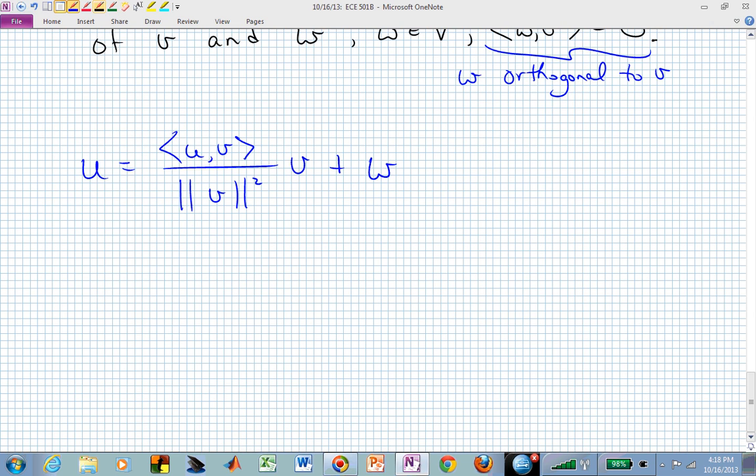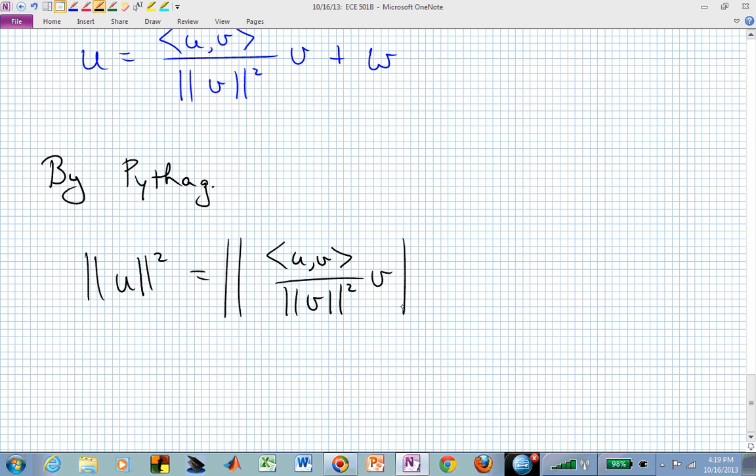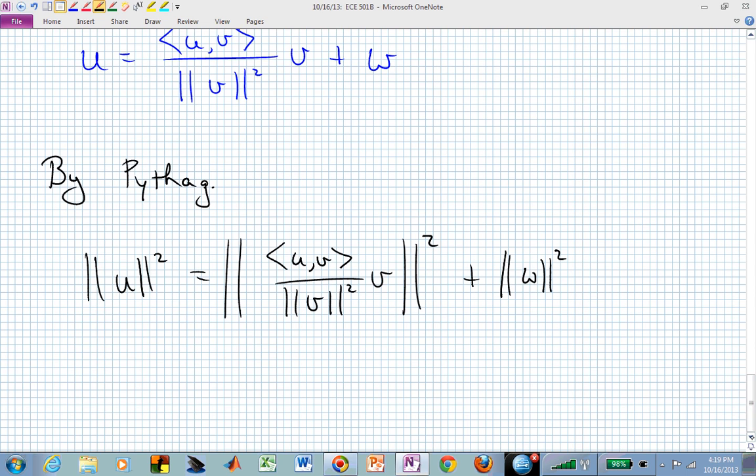So by the Pythagorean theorem, the norm of u squared, there's c squared, is equal to the norm of that first vector on the right-hand side, the inner product of u and v over the norm of v squared times v, that one squared, plus the norm of w squared. Questions on that? That's just the Pythagorean theorem, isn't it?